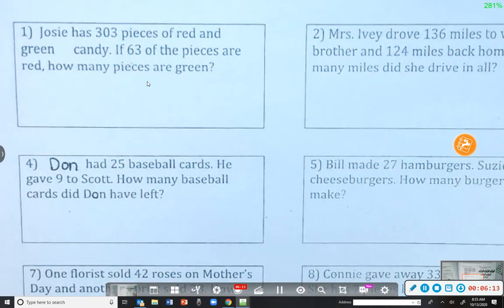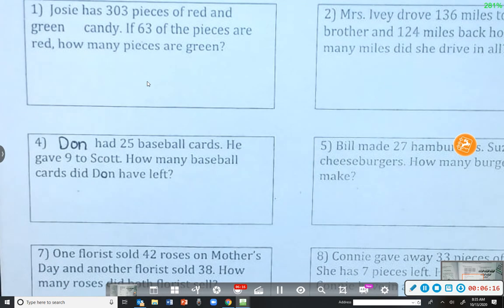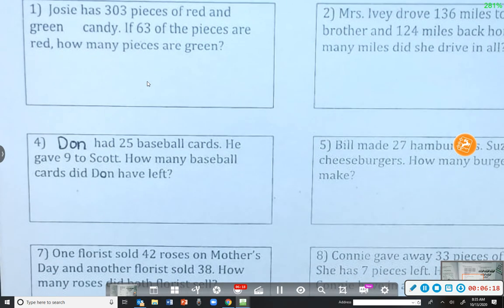How many pencils are green? Okay, so Josie has 303 pieces of red and green candy. If 63 of the pieces are red, how many pieces are green?